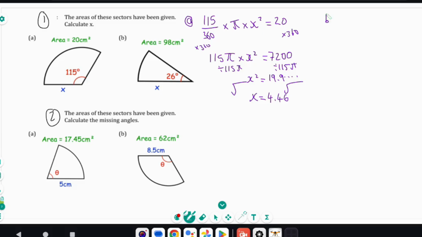Okay, part B. Times both sides by 360. Divide both sides by 26 pi.